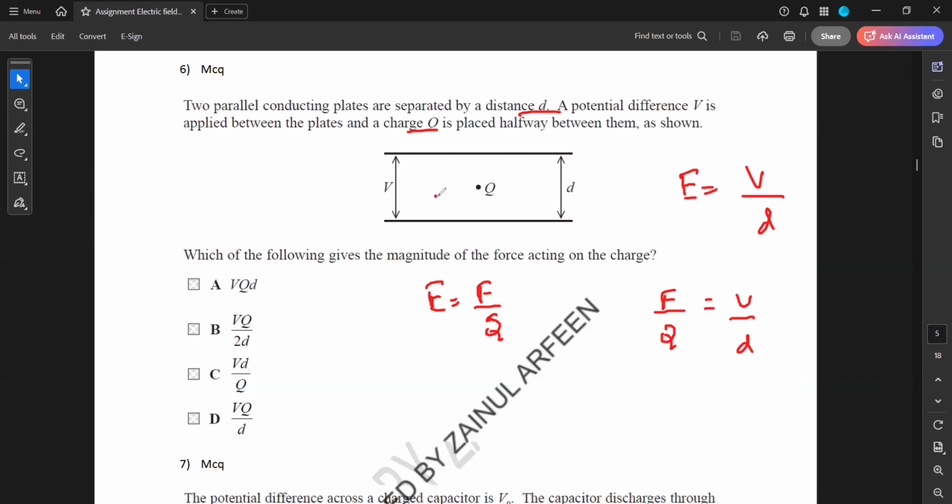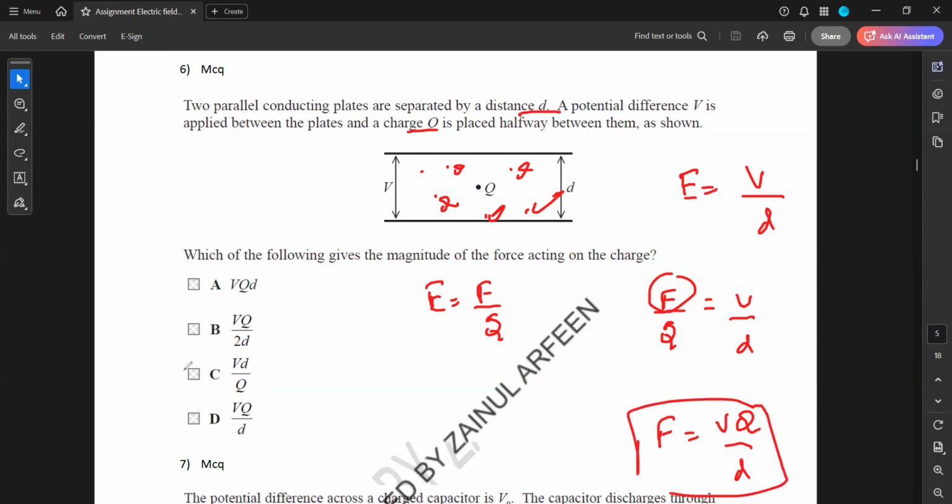Even if the charge is placed anywhere, the strength of the electric field is the same throughout. If I need F, then F is equal to VQ divided by D. So VQ divided by D matches option D, so D will be the right answer. Is it clear?